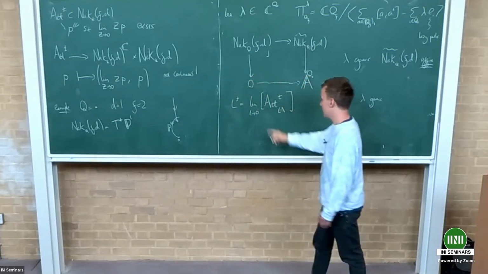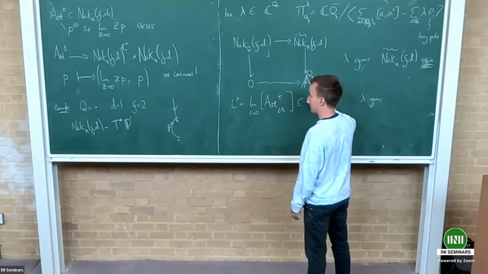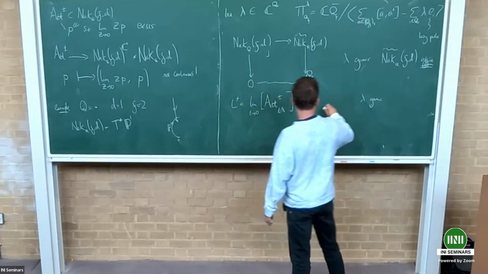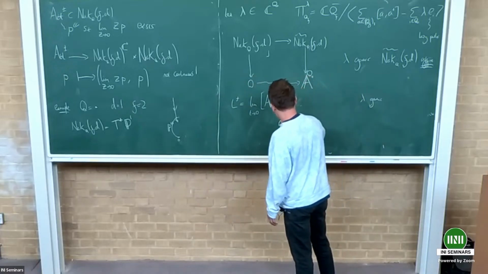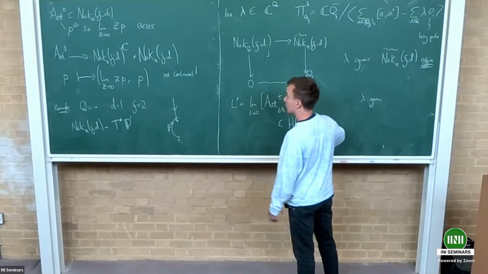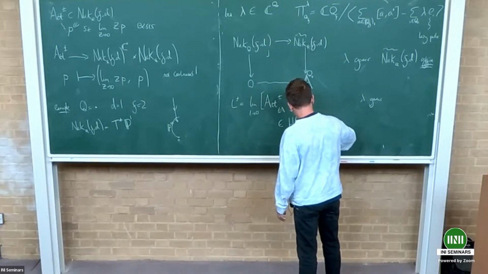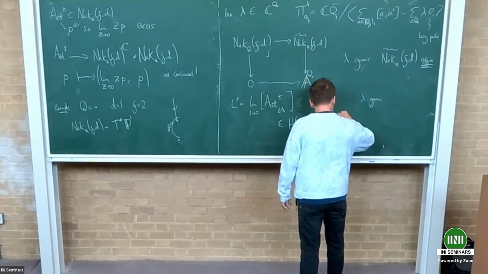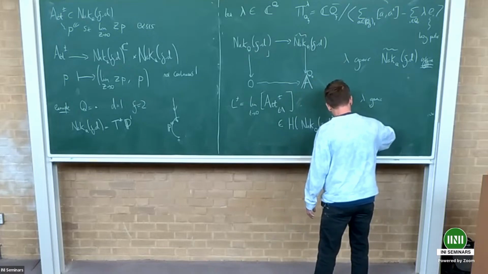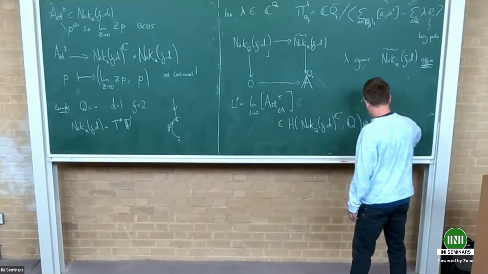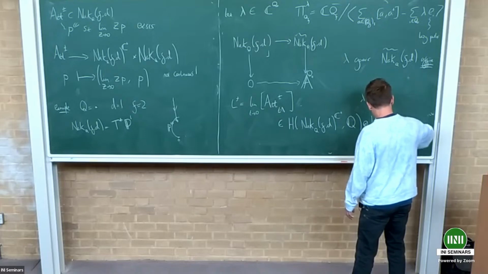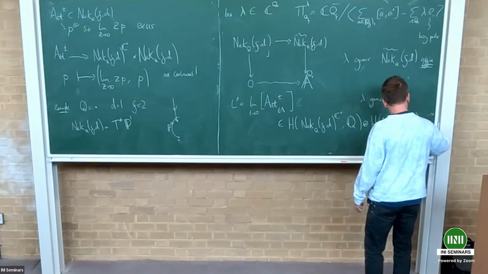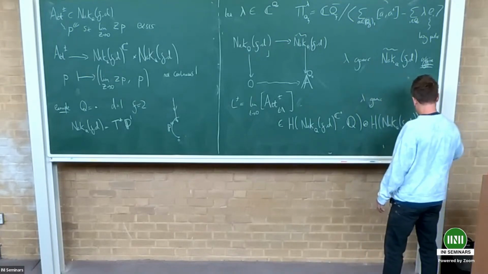But then when I pass to the limit as t goes to 0, this now lives in the place it's meant to live. So this lives in the cohomology of this thing, which by Künneth I can rewrite as the tensor product, and there's an extra parameter u.